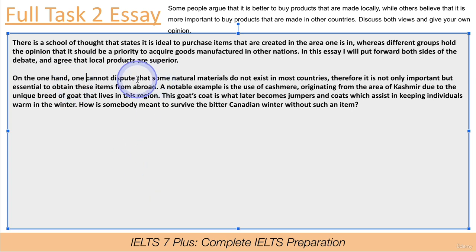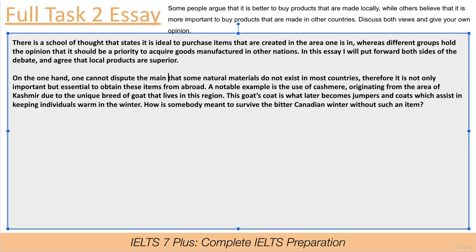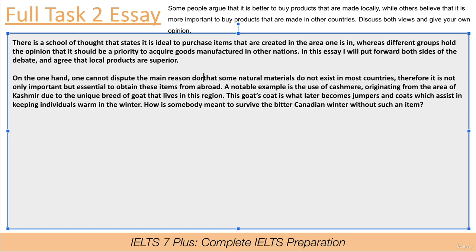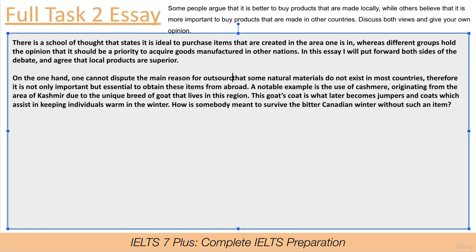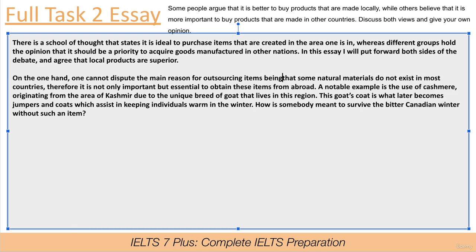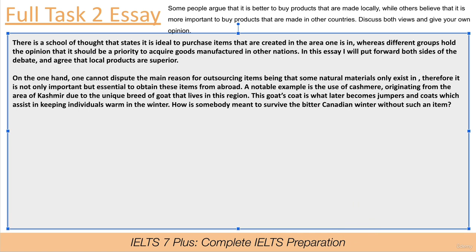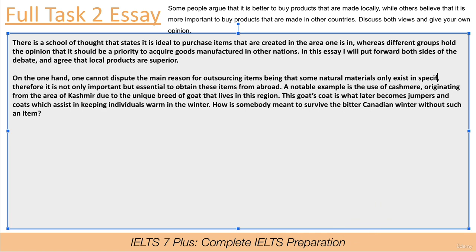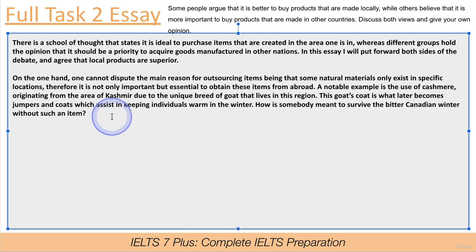So one cannot dispute the main reason for outsourcing items being that some natural materials do not exist in most countries. Or maybe we could say being that some natural materials only exist in specific locations. Therefore, it is not only important but essential to obtain these items from abroad.